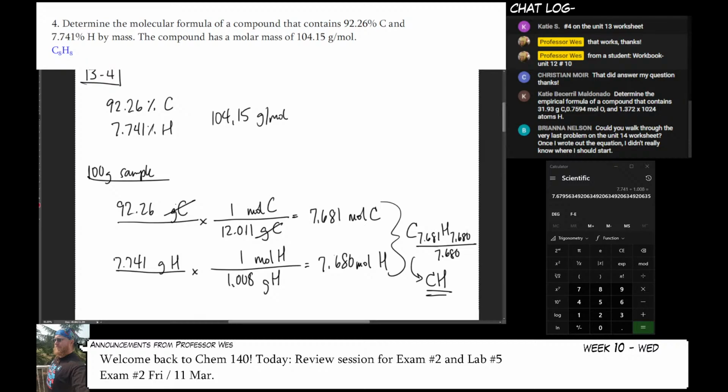And CH has an empirical mass, according to Lentech, of 13.02. That is the empirical mass, because the formula that we got was this.